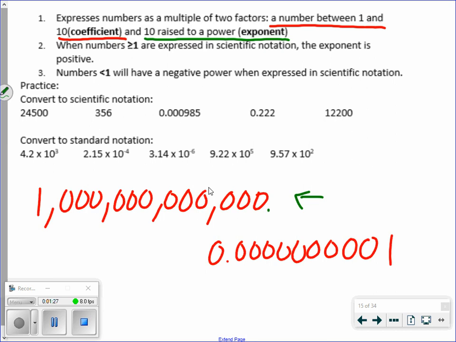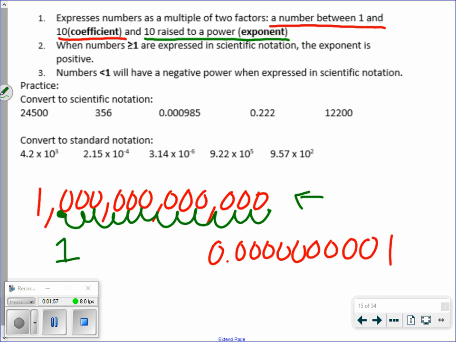Where could I put my decimal so that I have a number between 1 and 10? After the 1. So I could move my decimal all the way over here, and that will give me a number between 1 and 10, so a coefficient of 1.